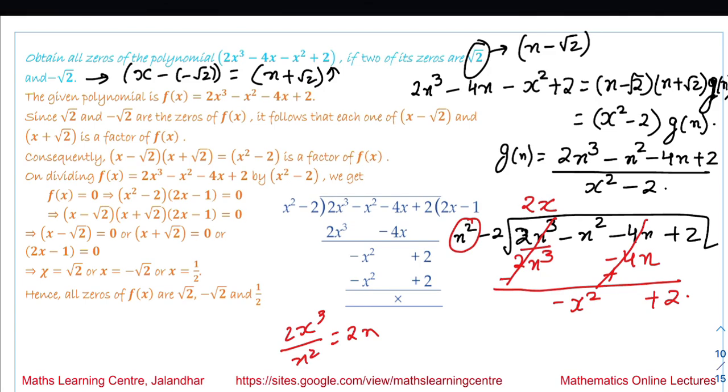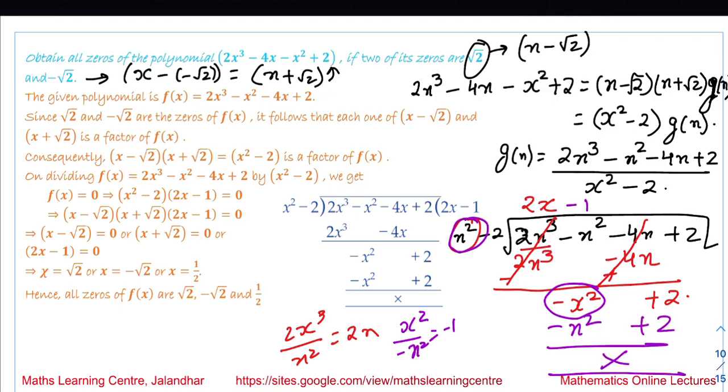Now it is x square over here minus x square over here, so we are left with minus 1. So we write minus x square plus 2, and the remainder is 0. So we can write g(x) as 2x minus 1.